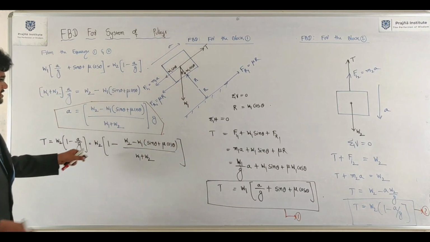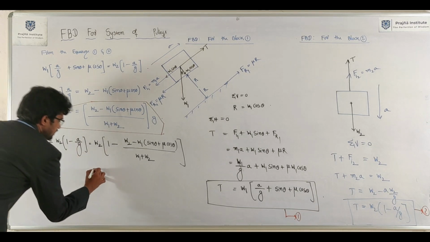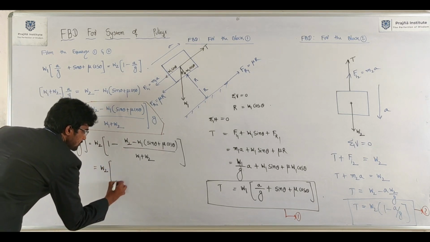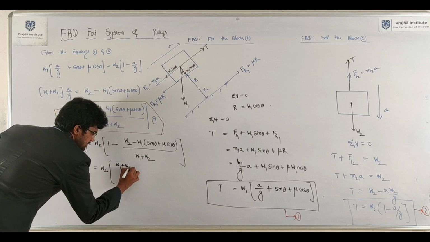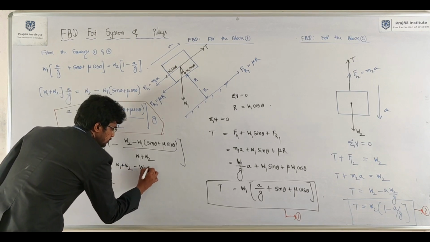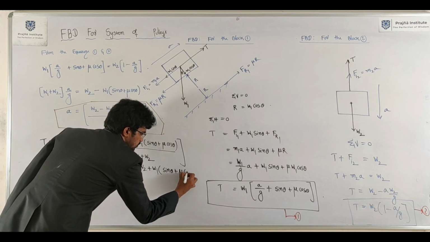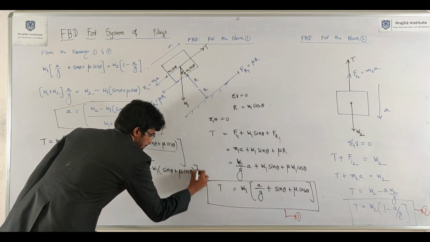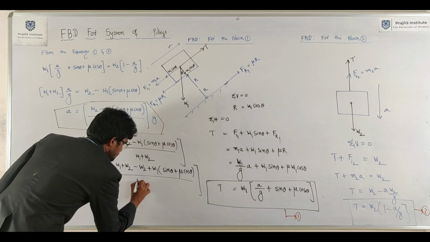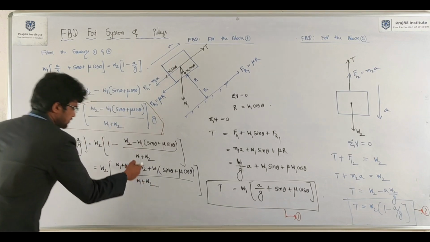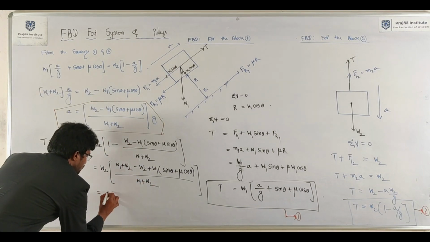You can cancel G and G directly. So here W2 into W1 plus W2 minus W2 plus W1 into sin theta plus mu cos theta, by W1 plus W2. These two get cancelled out.